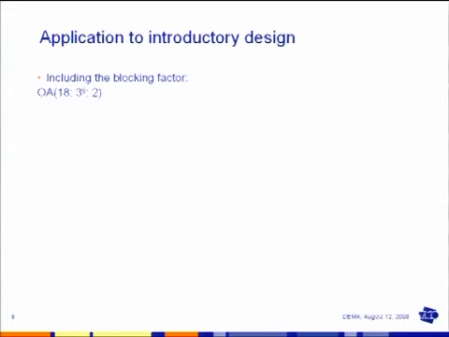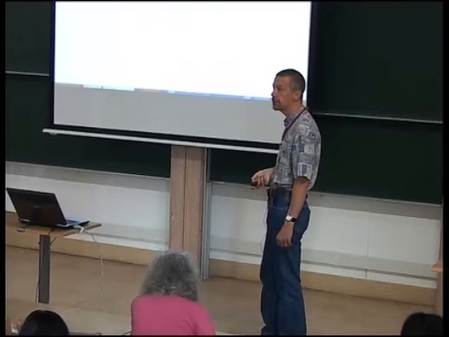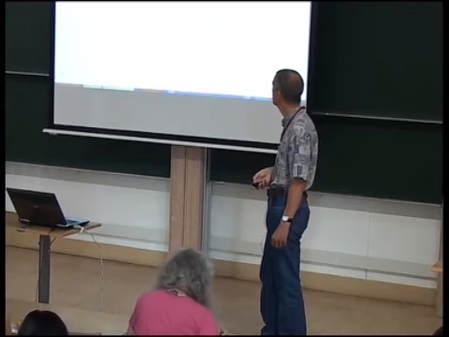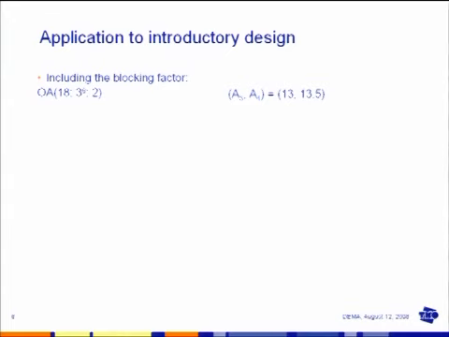If we include the blocking factor as a kind of treatment factor, then there are 13 words of length 3 and 13.5 words of length 4 in the generalized word length pattern. That's an odd feature of the generalized word length pattern, that you can have non-integer numbers in the position of the vector.